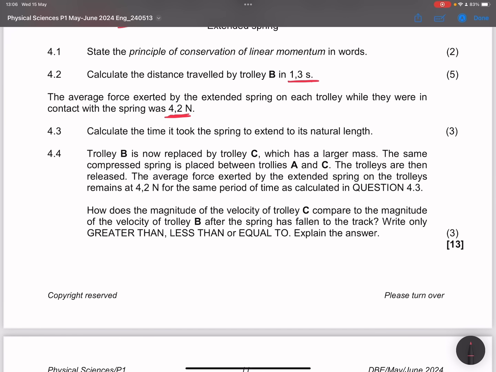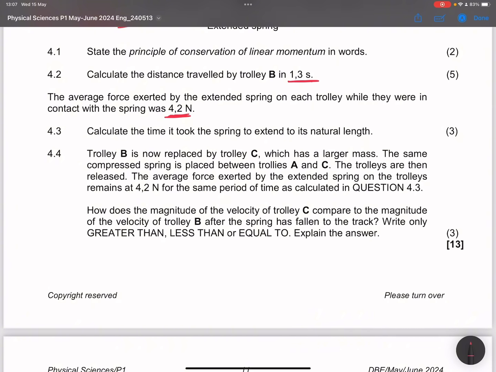They say trolley B is now replaced with trolley C, which has a larger mass. The same compressed spring is placed between trolleys A and C. The trolleys are then released. The average force exerted by the extended spring on the trolleys remains 4.2 for the same period of time, as calculated in 4.3.